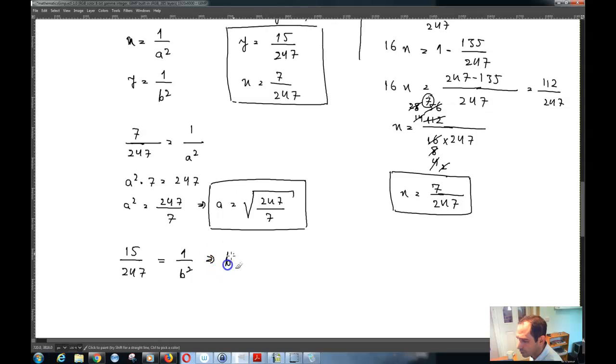That means that b squared is the reciprocal, 247 by 15, so b is equal to the square root of 247 by 15. That is the value of a and b.